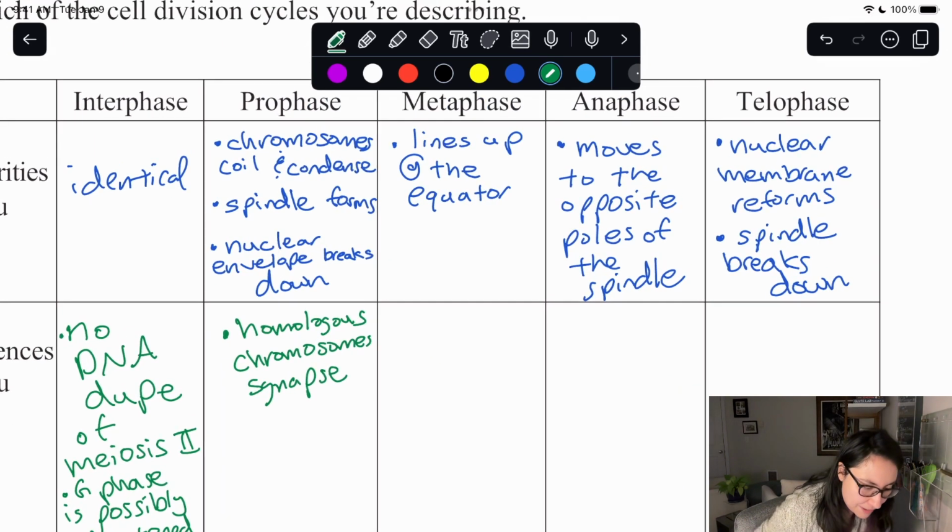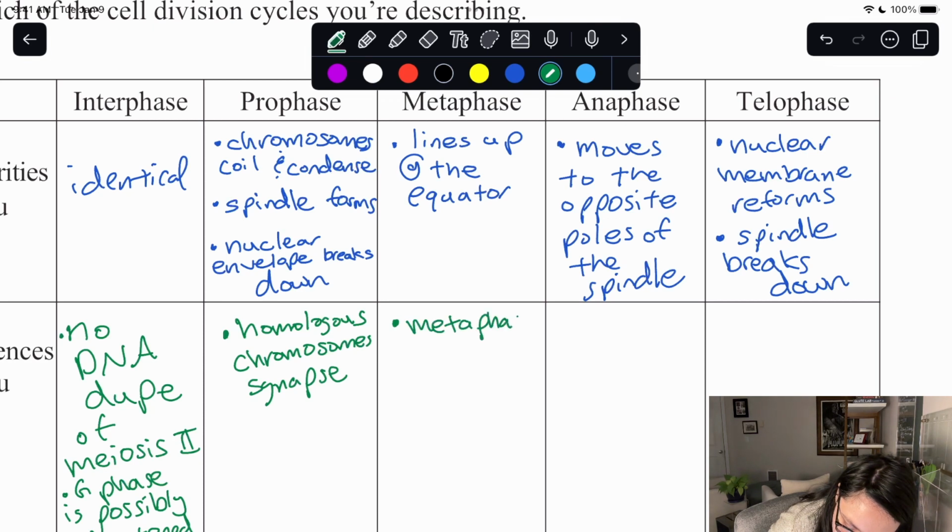Metaphase. Basically, in metaphase 1, the synapsed pairs line up.